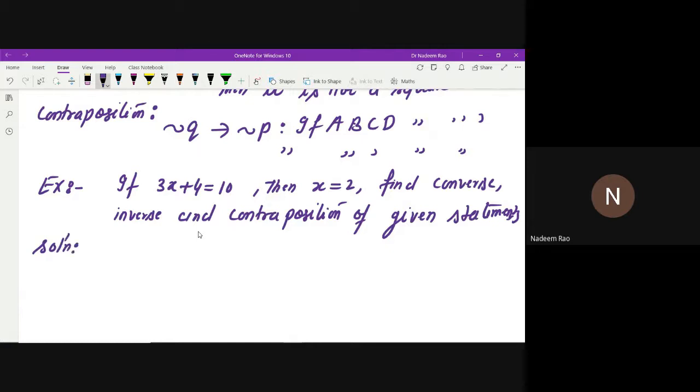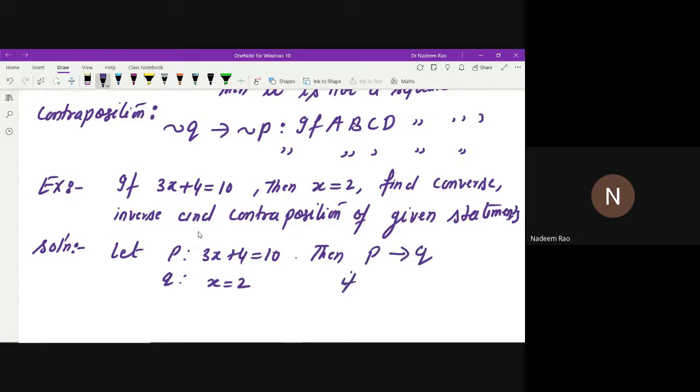So let P be 3x plus 4 equals 10 and Q be x equals 2. Then P implies Q. What does it mean?